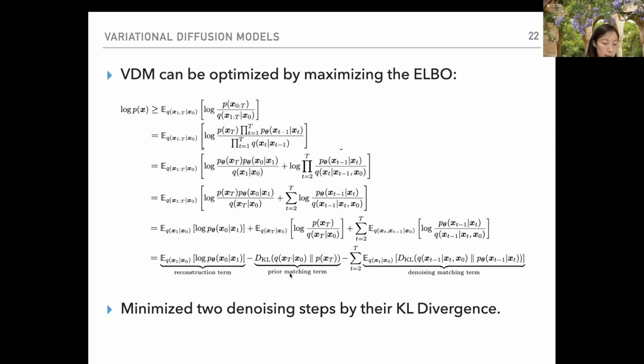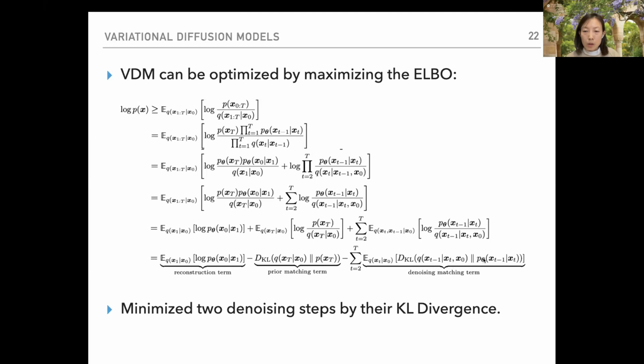It minimizes the divergence between the final latent distribution and the Gaussian prior. And the third term is the denoising matching term. It requires that we learn the desirable denoising transition step as an approximation to the ground truth denoising transition step.